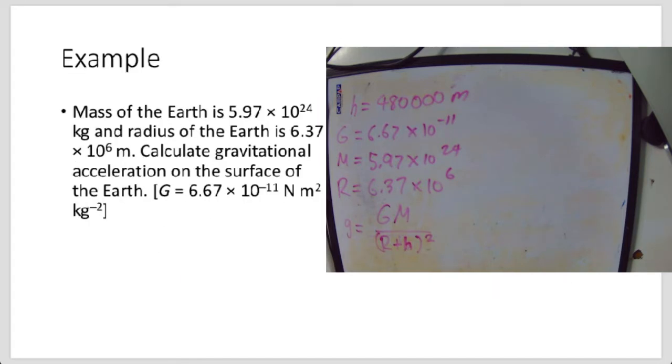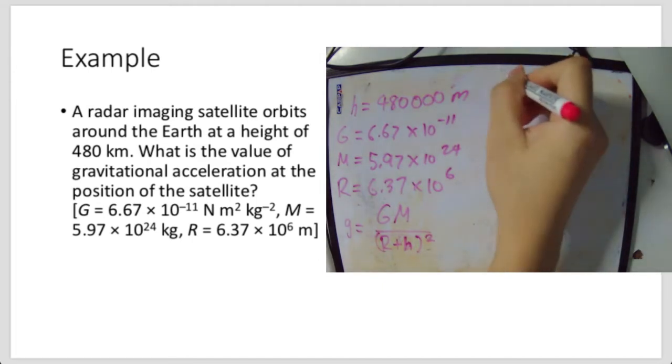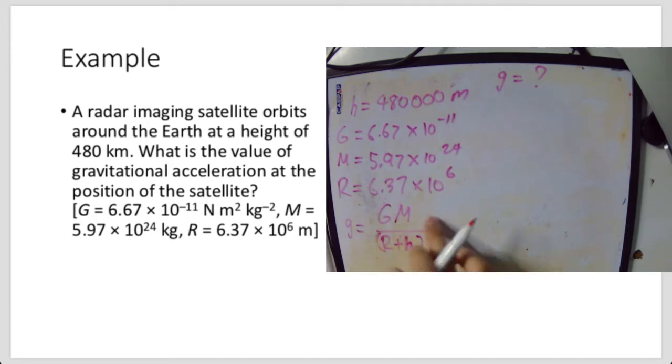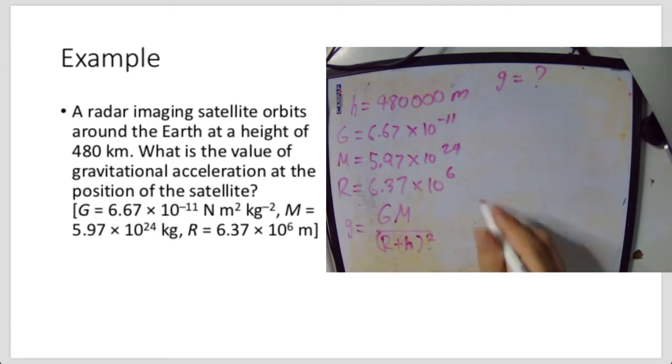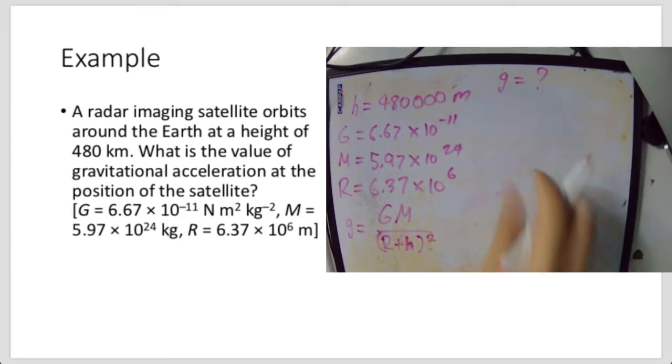Alright, let's continue. We just put everything in the formula as usual. g equals GM over (R plus h) squared. Let me use a different color. Let's use blue.